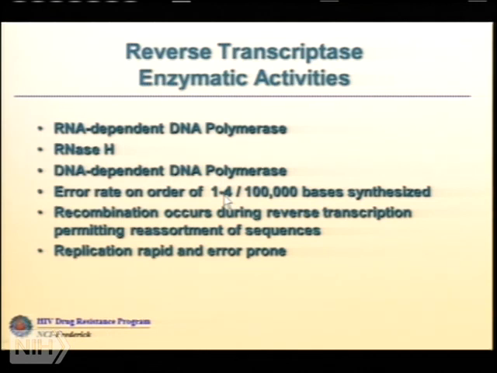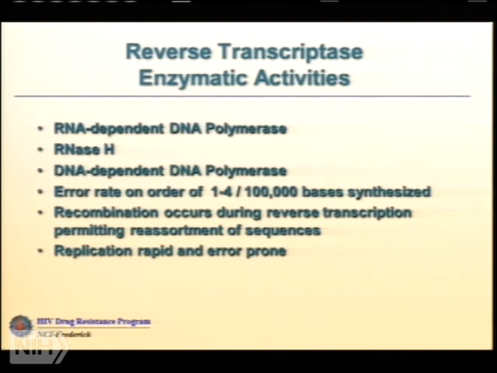Its error rate is about 1 to 4 mistakes every 100,000 bases synthesized. And I wish I made mistakes on that level. But if you think about it, the DNA polymerase that replicates our DNA is about 5 logs, 100,000 times more faithful. So the error rate seems low, but for a virus, it's about even.